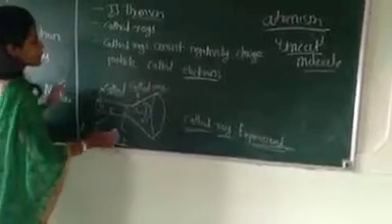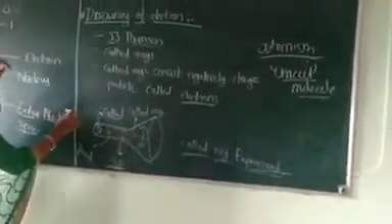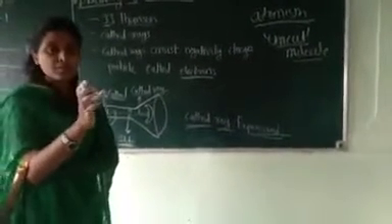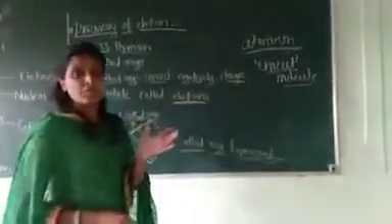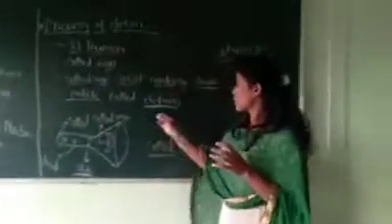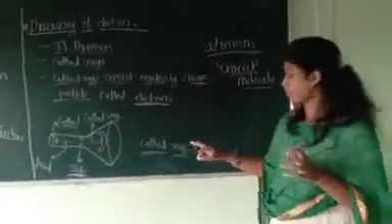From this experiment, he concluded that cathode rays consist of negatively charged particles, which are called electrons.